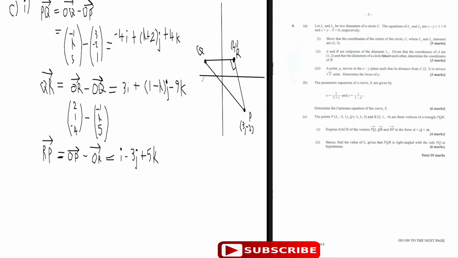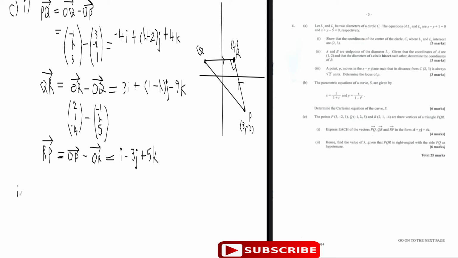Now we need to determine the value of lambda. Since this is a right angle triangle, we know the dot product is 0, or you can say the angle at R is 90. So generally, since we have QR, QR dot PR must be equal to 0. Since the angle at R is 90, this is part 2.